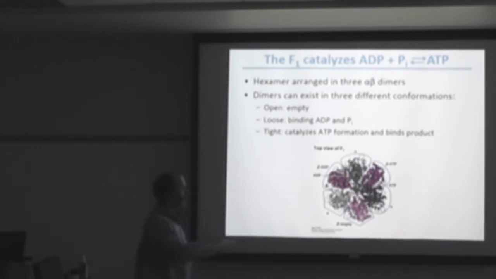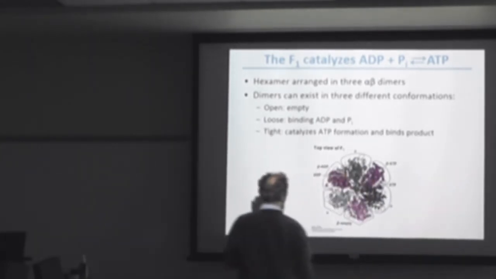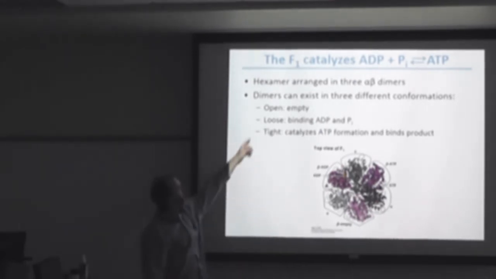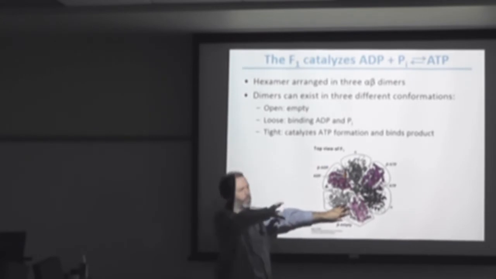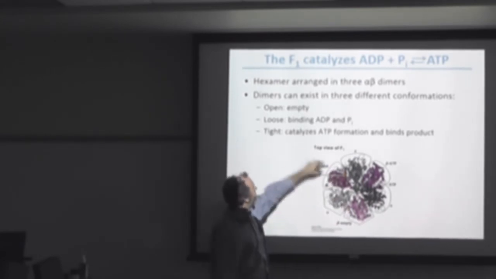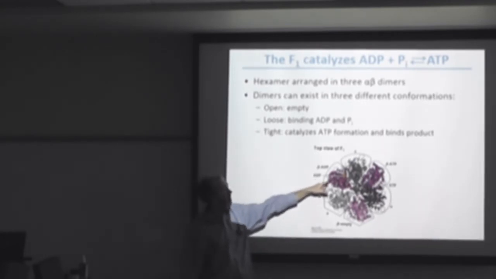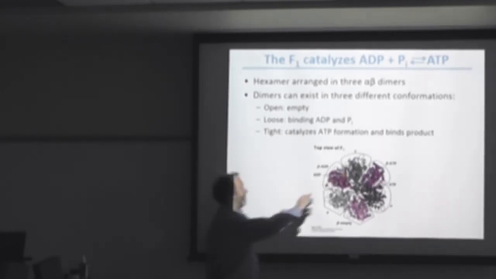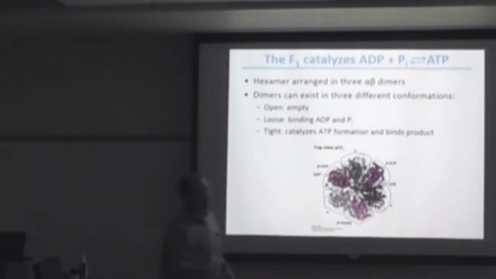The proton gradient causes these subunits to have these conformational changes as it rotates. So you start off with an open conformation and you have nothing bound. You get one turn and it switches to the loose conformation where it will bind ADP and free phosphate. Then it switches to the tight conformation, and in the tight conformation it really would rather bind ATP.